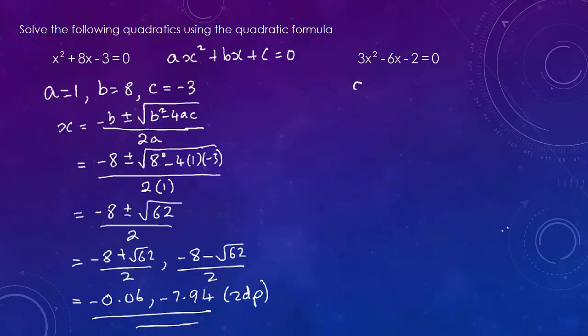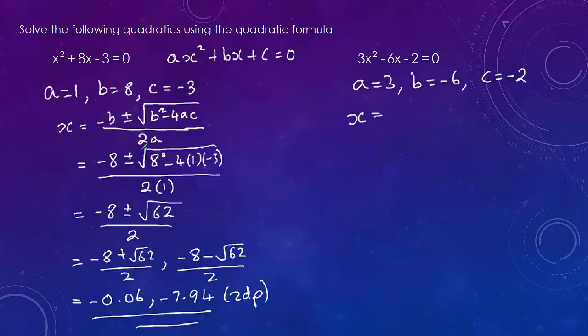Comparing this one, we can see that a is equal to 3, b is equal to negative 6, and c equals negative 2. Substituting into the formula, we have negative b.